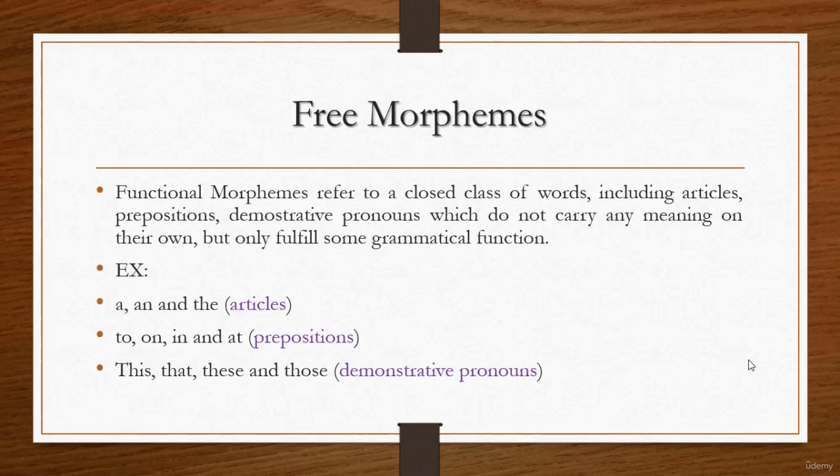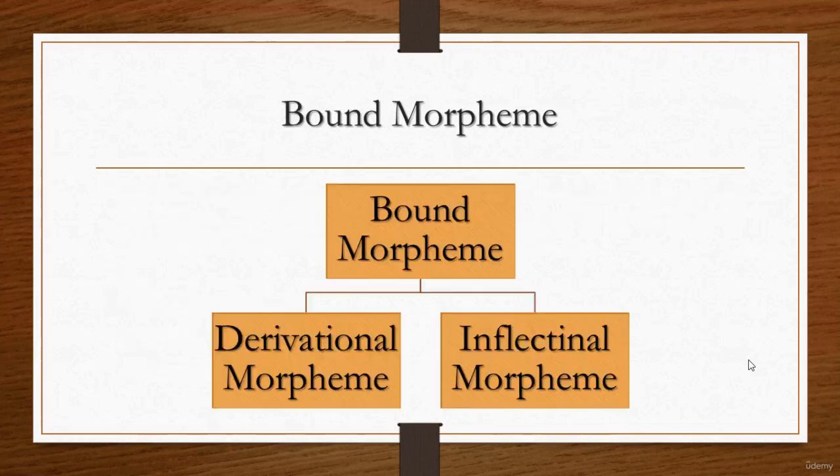For example, in "an apple," apple is a noun, so it is a lexical morpheme, but "an" is only a functional morpheme because it doesn't have meaning, but only has some grammatical function, yet it can stand alone.